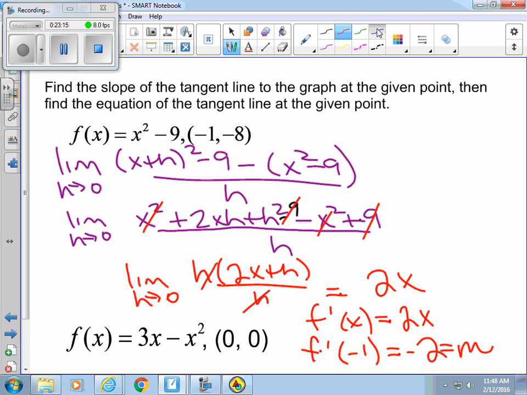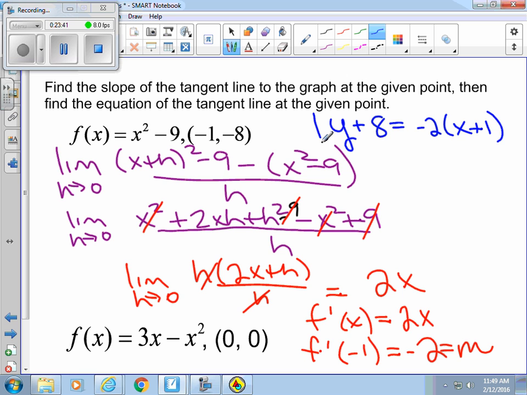My tangent line is y minus, anyone remember how to work that formula? Okay, good. Y minus y1, which would be minus -8 or plus 8, equals m times x minus x1. Does everyone know what formula I just used there?